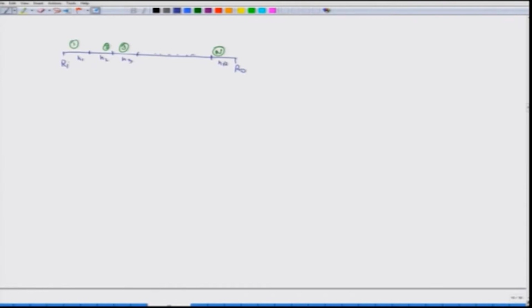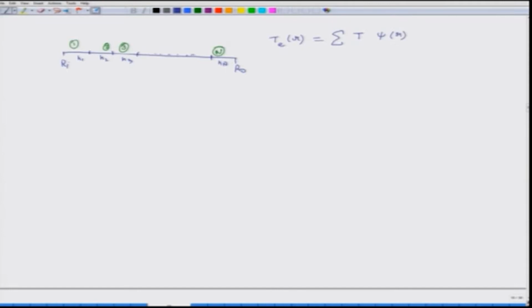Then we had developed an expression that temperature in the eth element, this has to be a superscript e, changes with respect to r. So, it is a function of r, and can be expressed without losing any generality as a sum of some interpolation functions.